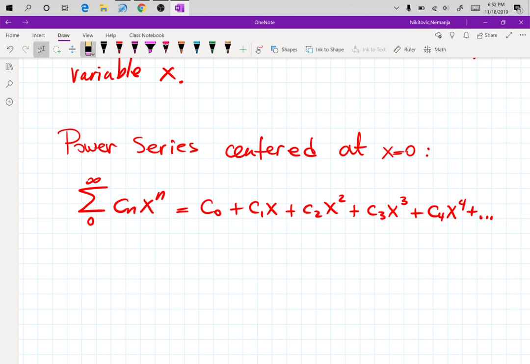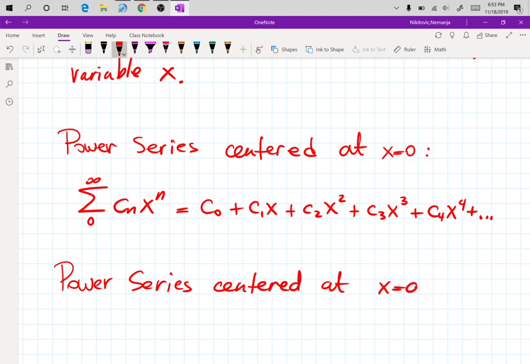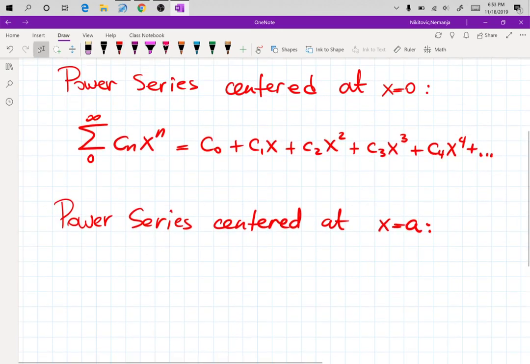Now, another one, the one that we will see much, is power series centered at x equals a. Now that's the boss.